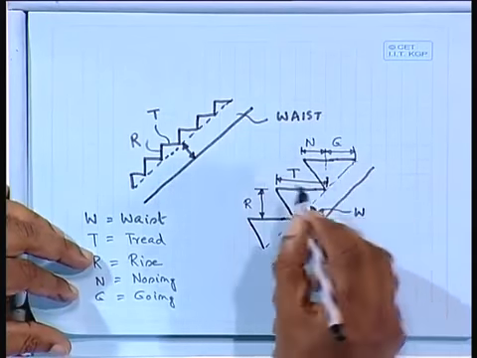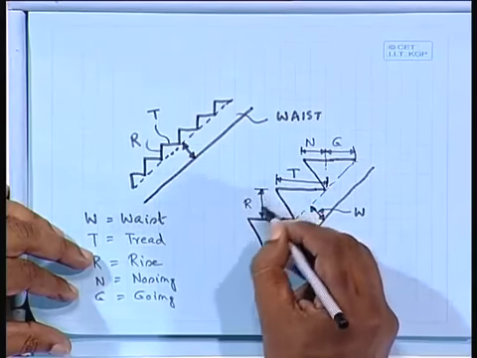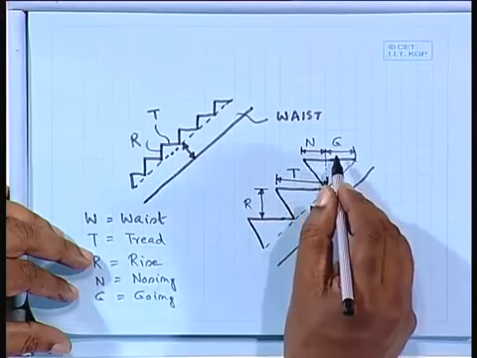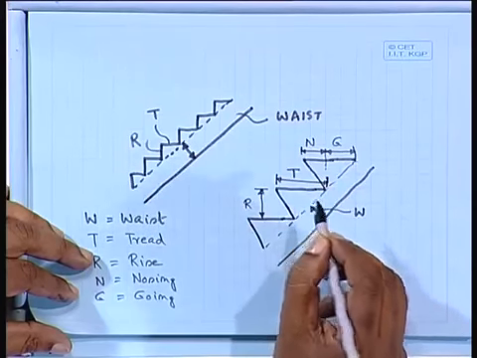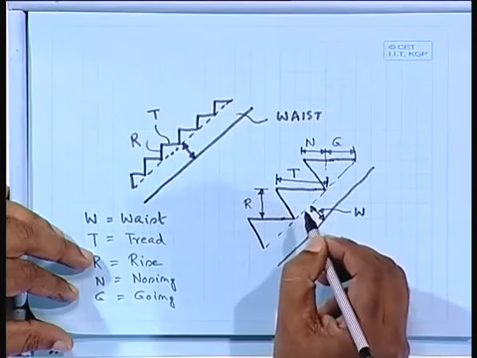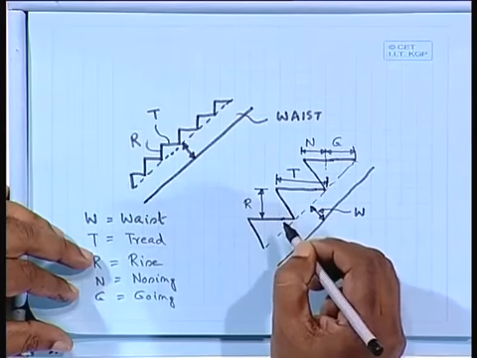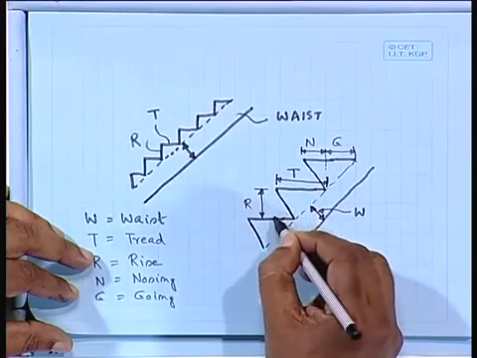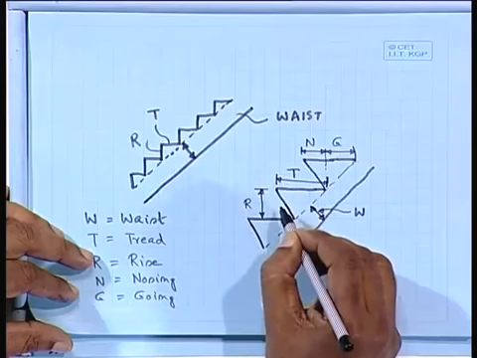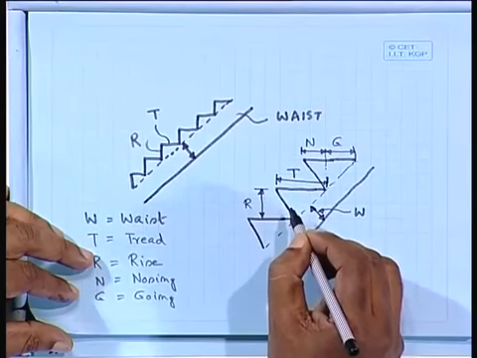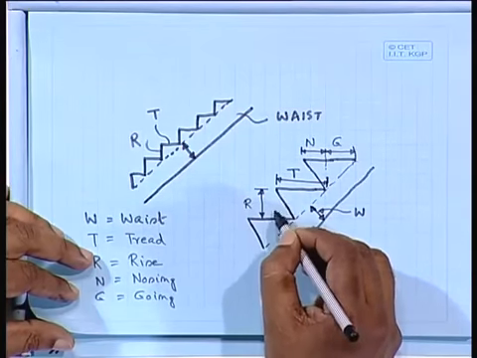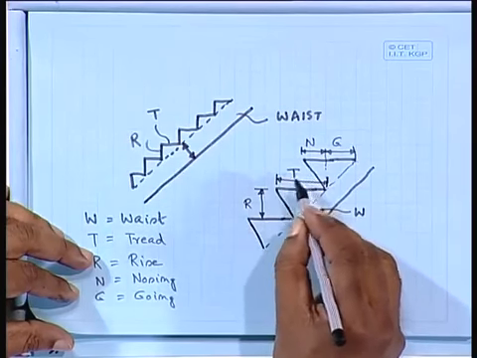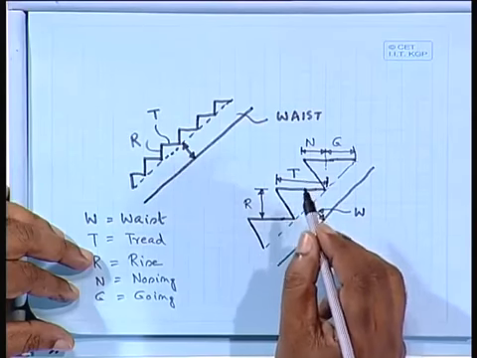So, now the first question arises: what is the dimension of this rise and tread, nose, going? That is the first thing we have. Generally in residential or factory buildings, we can increase the rise a little bit, whereas in public buildings we make it maybe 150 millimeter, but in residential buildings we can go 160, 175 millimeter also.